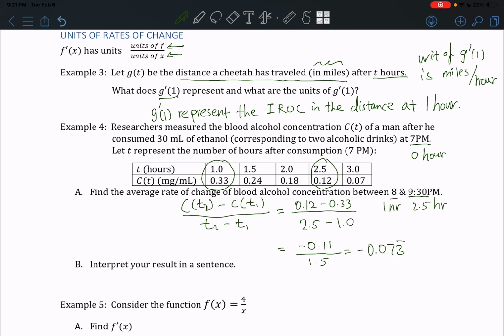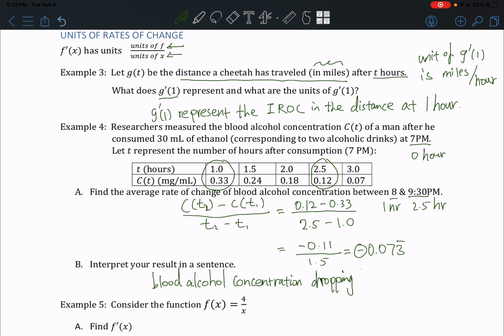Now, what does this mean? This means from 1 hour to 2.5 hours after consumption, my blood alcohol concentration is dropping, because of that minus, right?